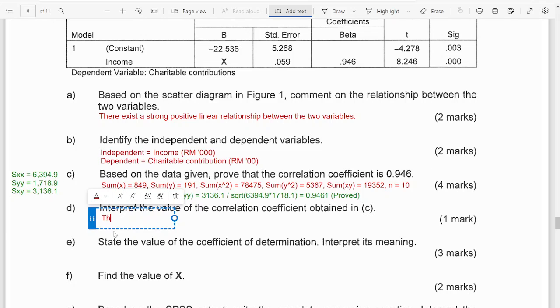So you can see there is a very strong positive linear relationship between the two variables.